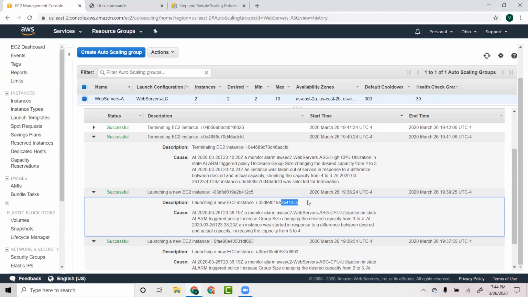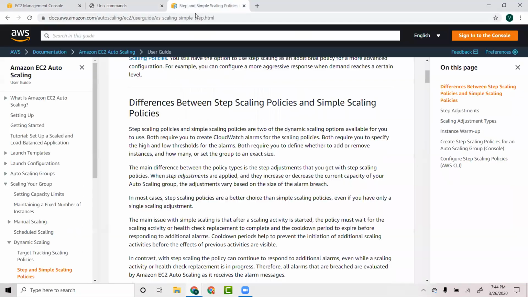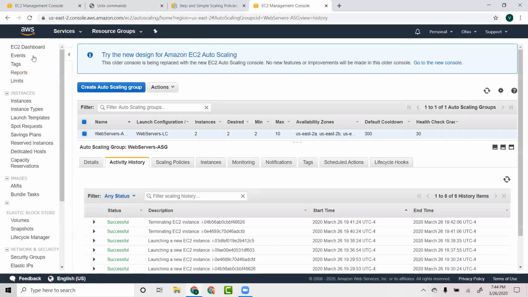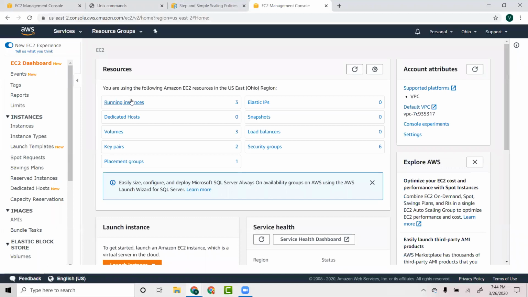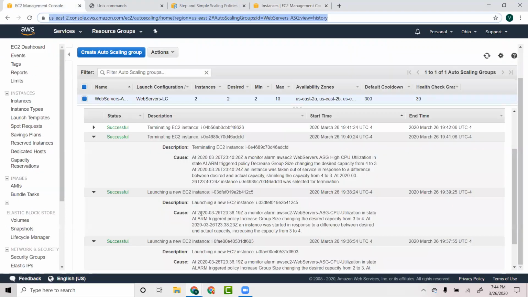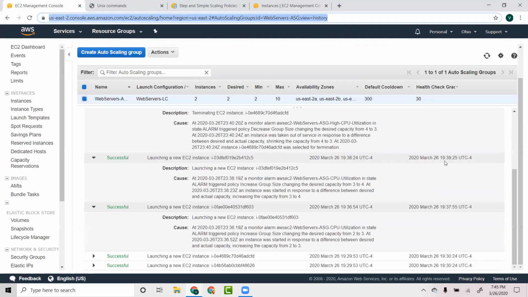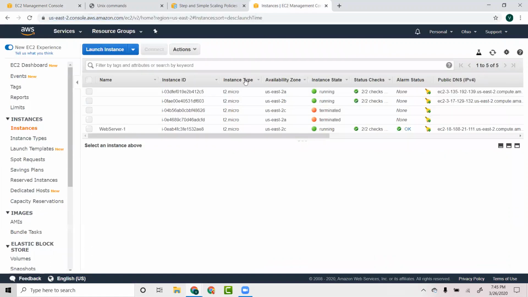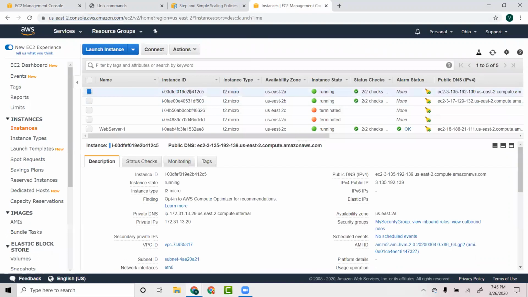Take a look at 412C5. Let me open the EC2 dashboard, running instances. Take a look at this guy. What happened in the first scenario at 7:39:25 is the 412C5 instance.